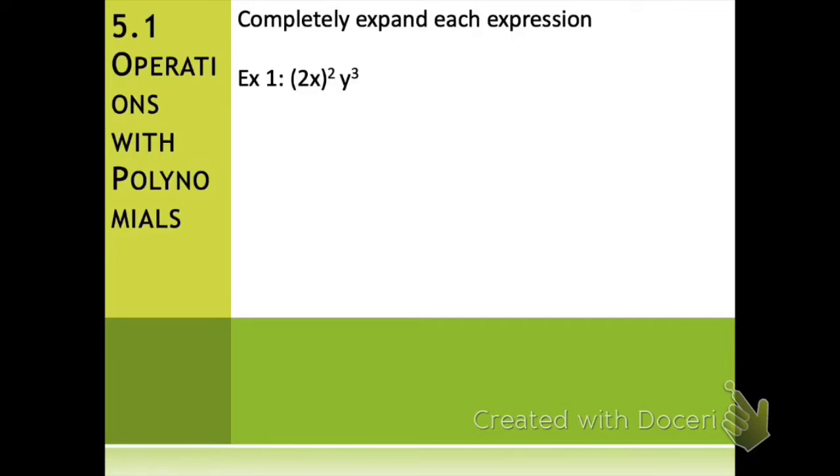So if I want to expand this expression, I really have to be careful to see what the exponents are attached to. This exponent of 2 is attached to this 2x. So I need to write 2x twice, because that exponent is attached to the whole thing.